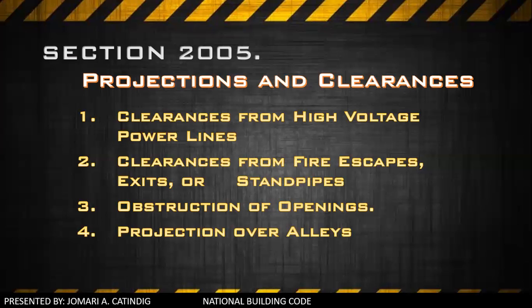The sign or sign structure must not project more than 1 meter into the public alley where the sign or sign structure is located more than 4.50 meters above established sidewalk grade.